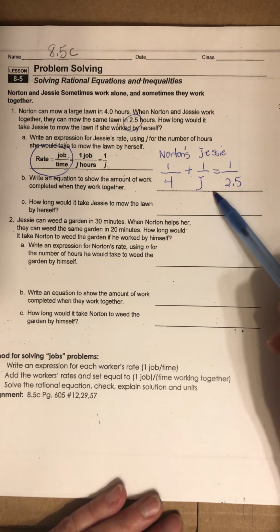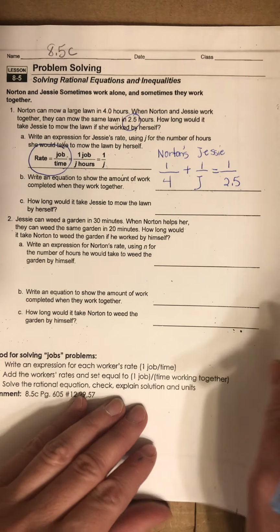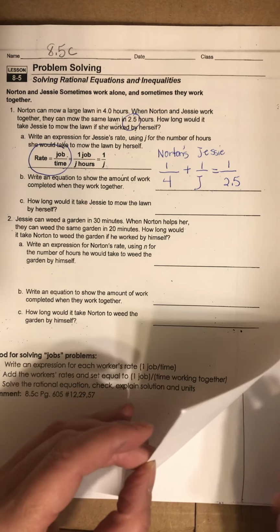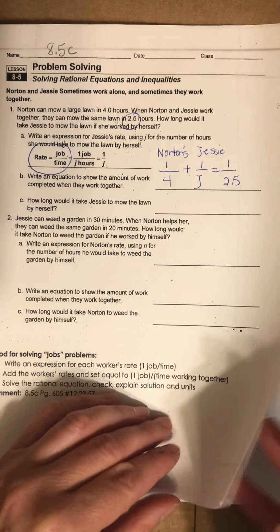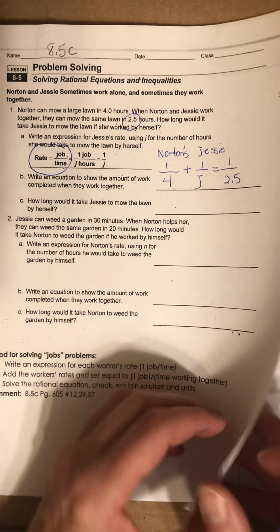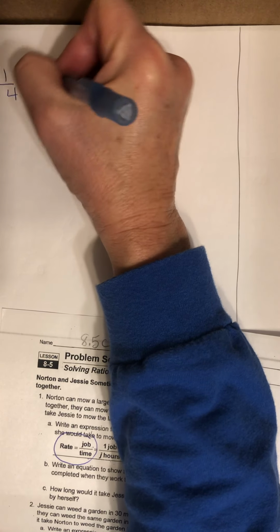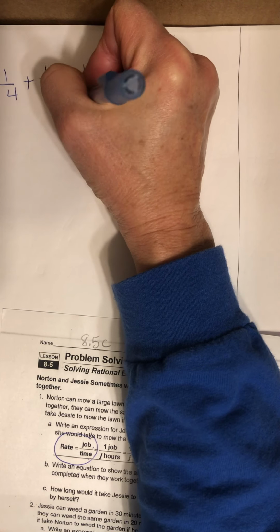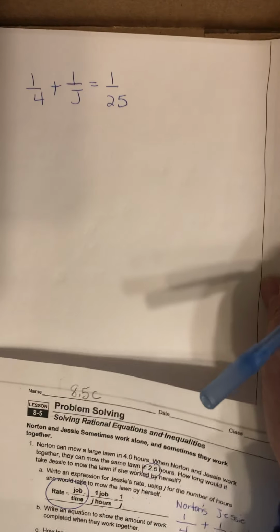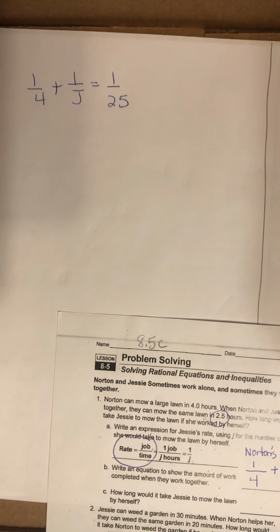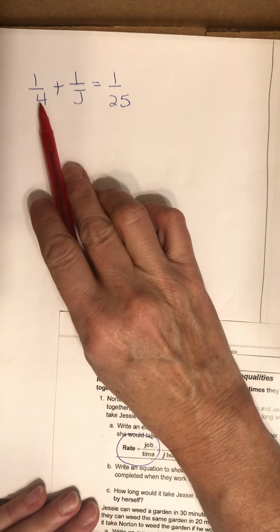Notice that this is pretty simple to solve. I need some more room though, so I'm going to write the same equation on another piece of paper. 1/4 plus 1/J equals 1 over 2.5. We know how to solve this equation. We're just going to look at the denominators.